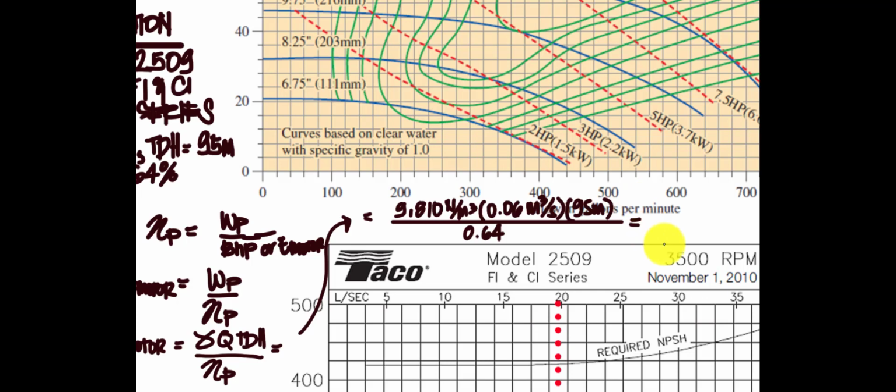So I have 87,370. Newton per cubic meter cancels out with cubic meter, then we have Newton meter per second, which is already in units of watts.